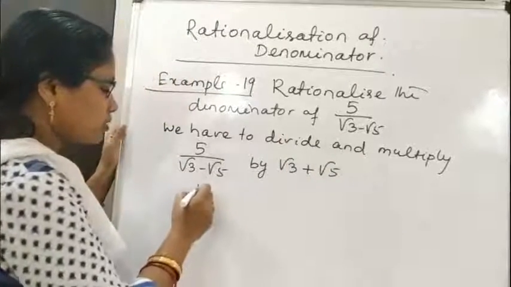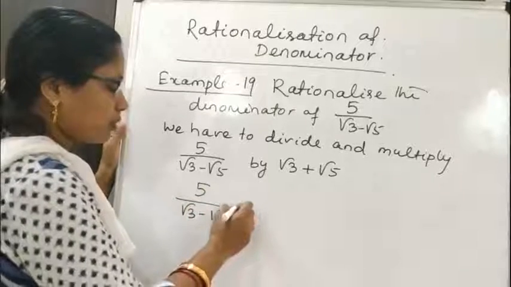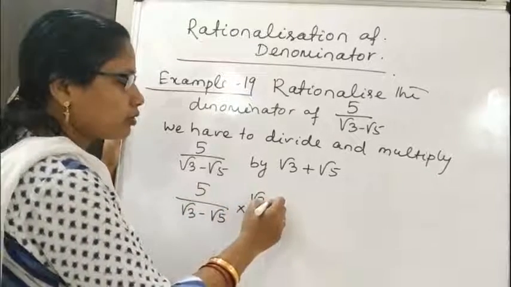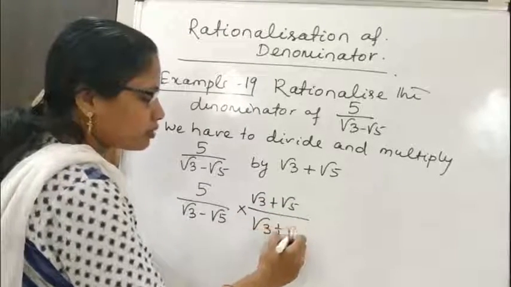So that becomes 5 by root 3 minus root 5 multiplied with root 3 plus root 5 and divided by root 3 plus root 5.